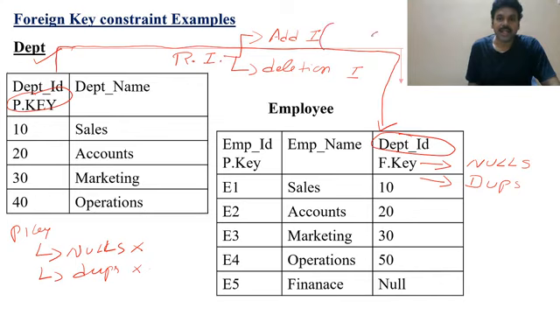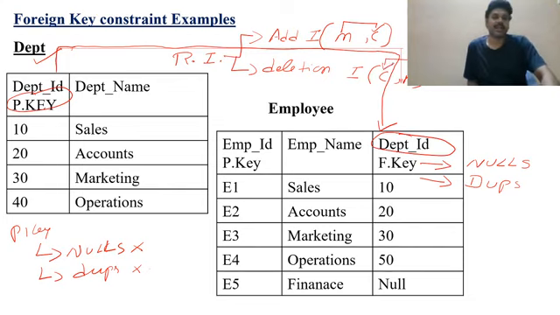Whatever value you are inserting in child, that value must first be available in master. What is deletion integrity? Whatever value you are deleting from master, you need to first delete from child. Well friends, again I am repeating, the meaning of referential integrity is nothing but addition integrity: first you insert into master, then you derive into child. As far as deletion integrity is concerned, before you delete master, first delete from the child table.